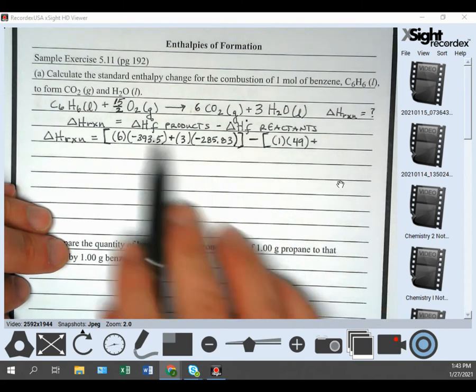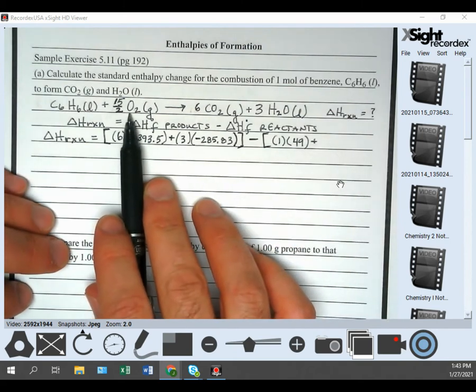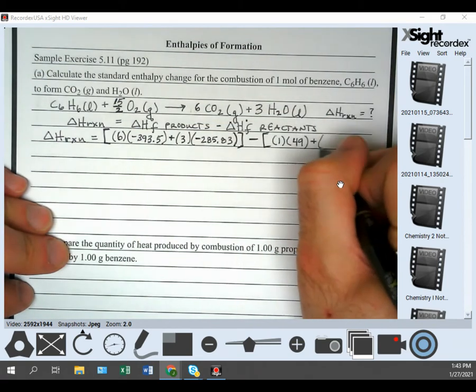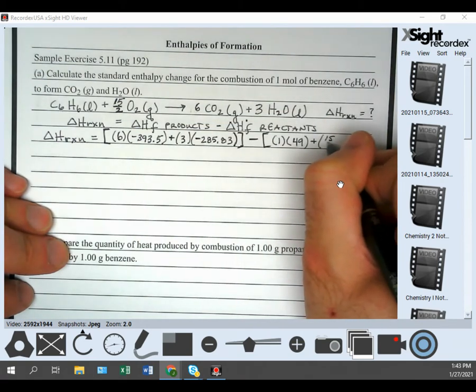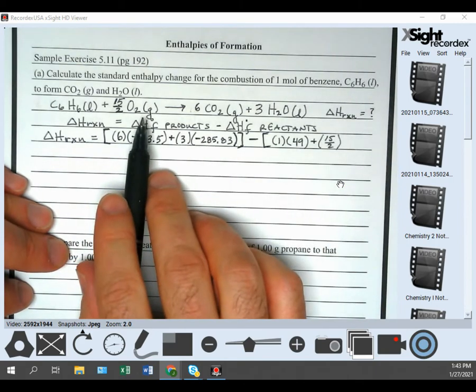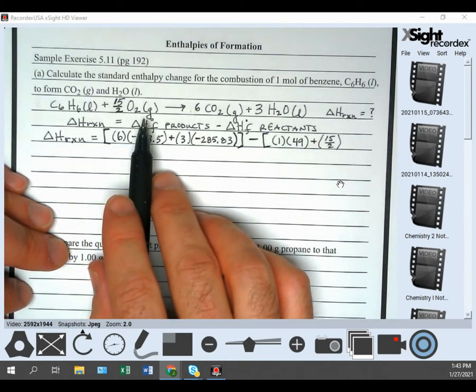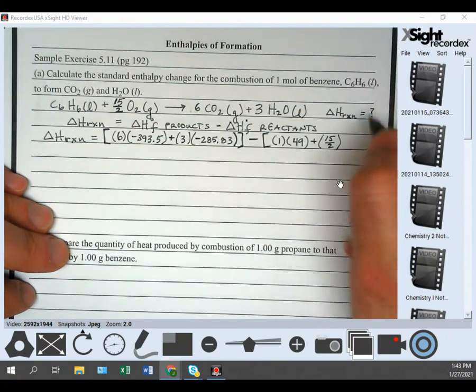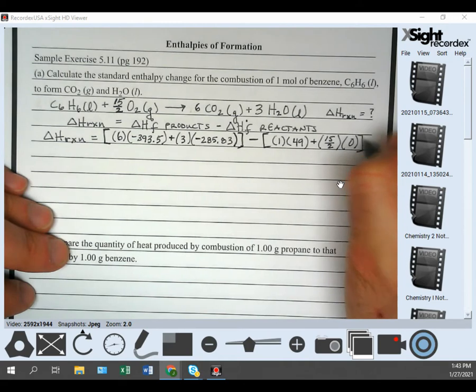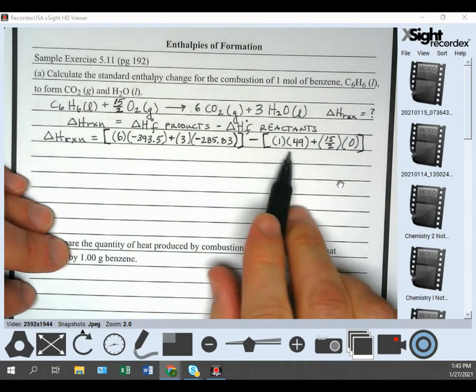But in reality, you don't even have to put this in there because, so it'd be 15 halves, right? But the delta H of formation of oxygen, because it's the element in its standard state, would be what? 0. Anything times 0 is just 0. So in reality, you could have just stopped after the 1 times 49.